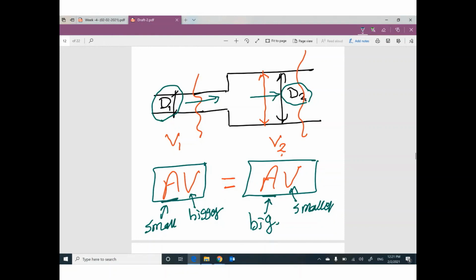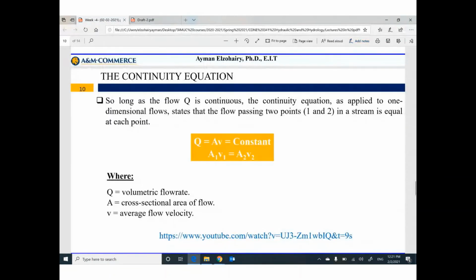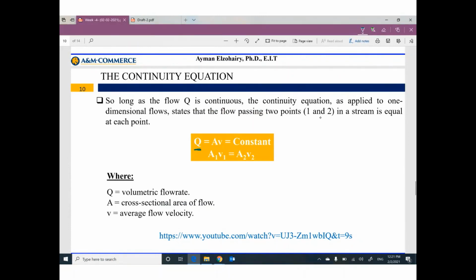That makes sense. So guys, we have something called the continuity equation. Continuity equation means discharge Q, which can be called flow rate or discharge, the two terms will work.